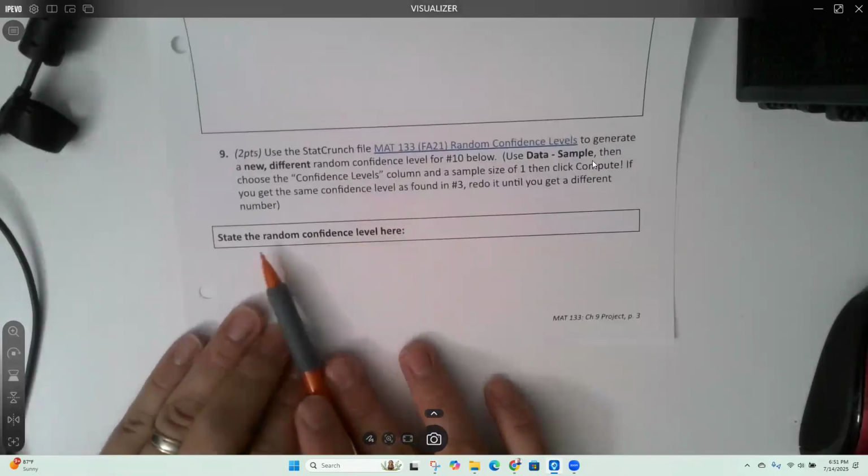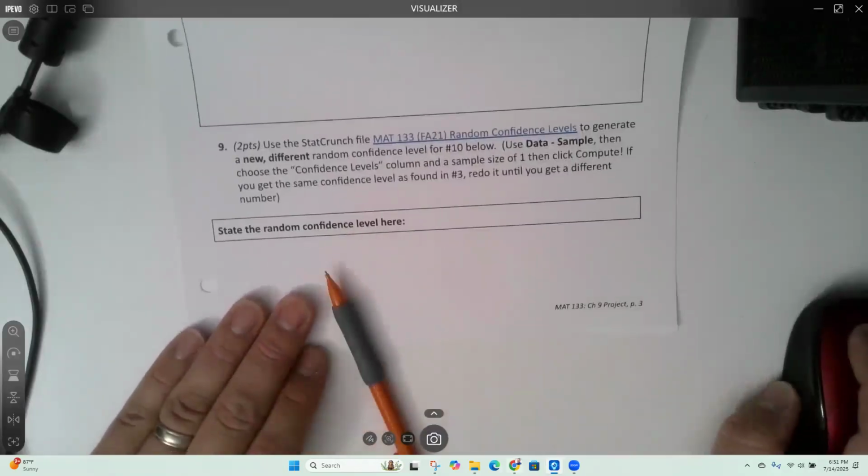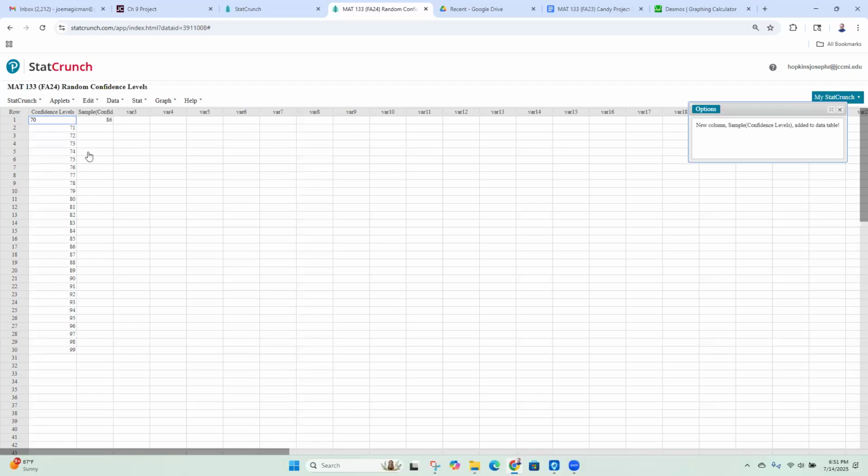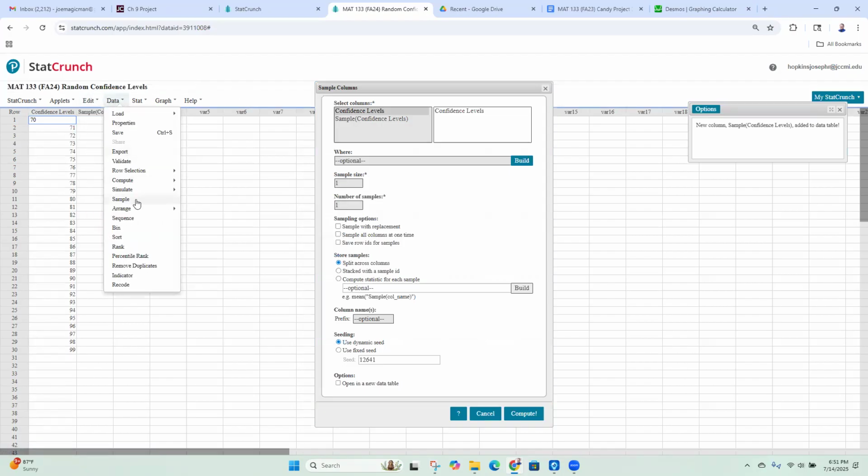Down here, we'll do another random confidence level. We'll do that in StatCrunch. So we'll come back over here to StatCrunch, and we're going to pick one of these numbers at random again by going to Data, Sample, select your confidence levels, sample size of 1.